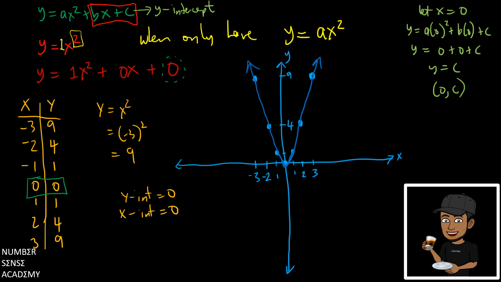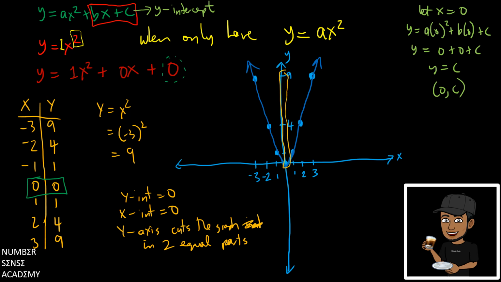Not only that, the y-axis cuts the graph in 2 equal parts. So the y-axis is what we call the axis of symmetry because it splits it in 2 equal parts.